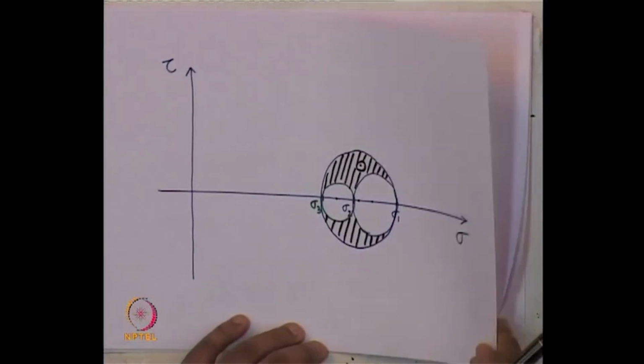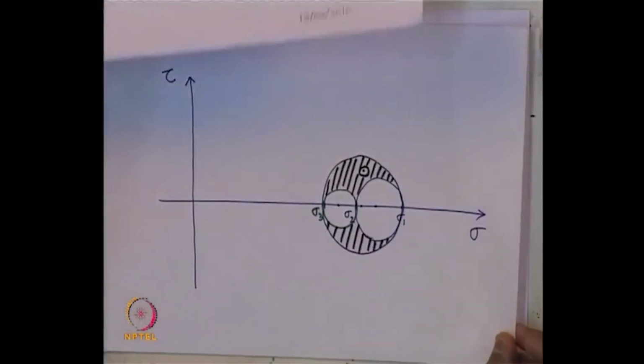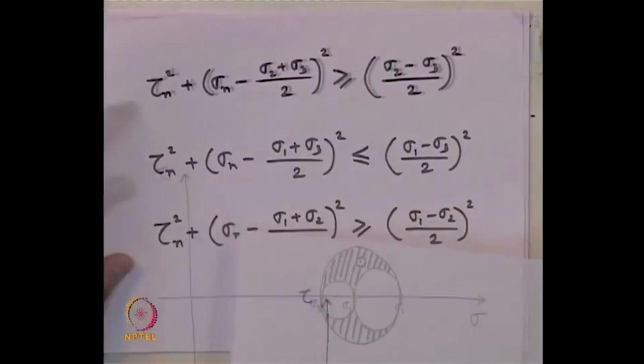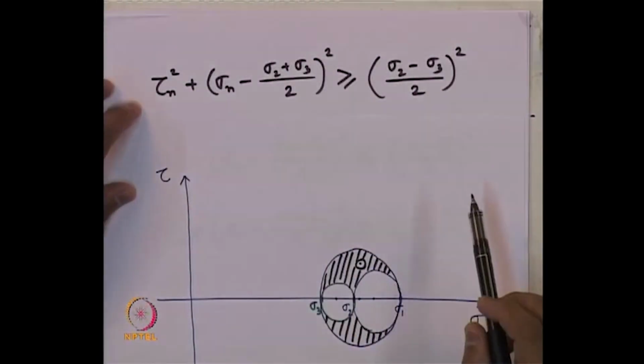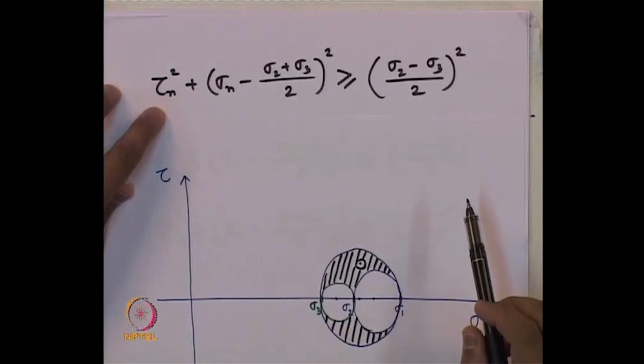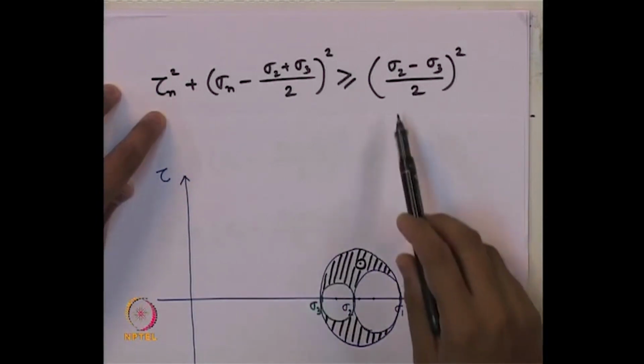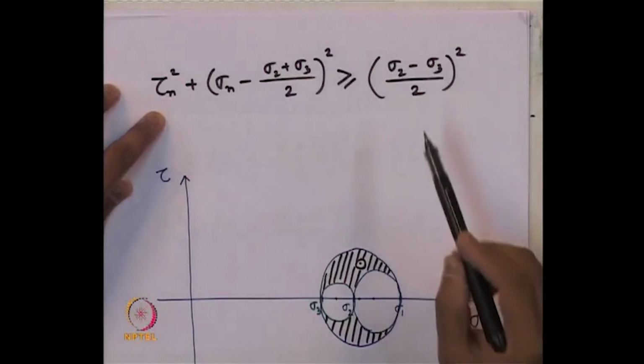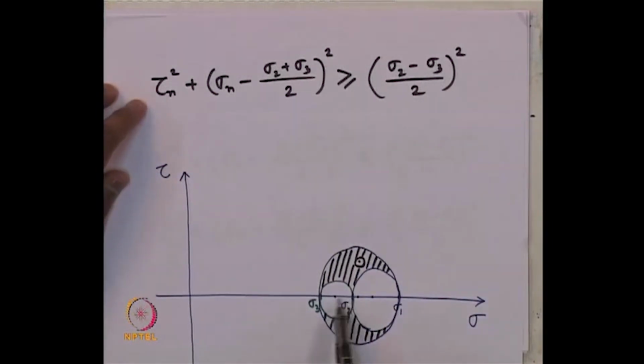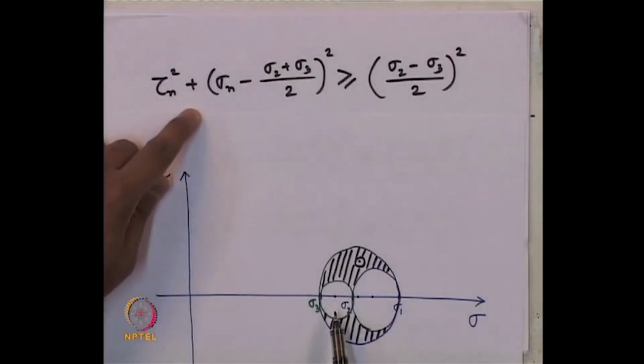Why? If we look back to our equations of this circle, what does it mean? From this equation, for the Mohr circle between sigma 2 and sigma 3, whatever the circle we have drawn, the state of stress point must be outside or at maximum on the circumference of this circle.